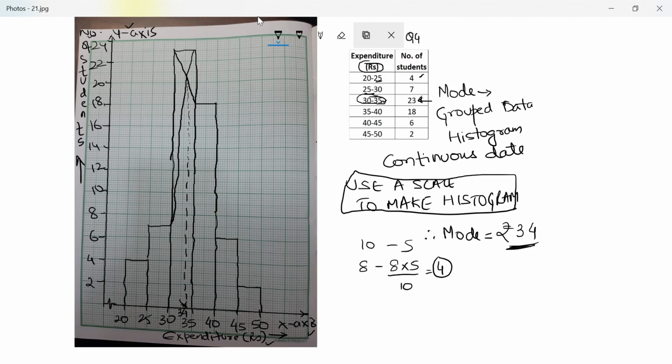So upper limit with upper limit of the preceding one, lower limit with the lower limit of the succeeding one, and wherever these two lines intersect, from there I draw a perpendicular down onto the x-axis. I see the value. In this case, the value is 34. Perfect. That brings me to an end of this exercise.